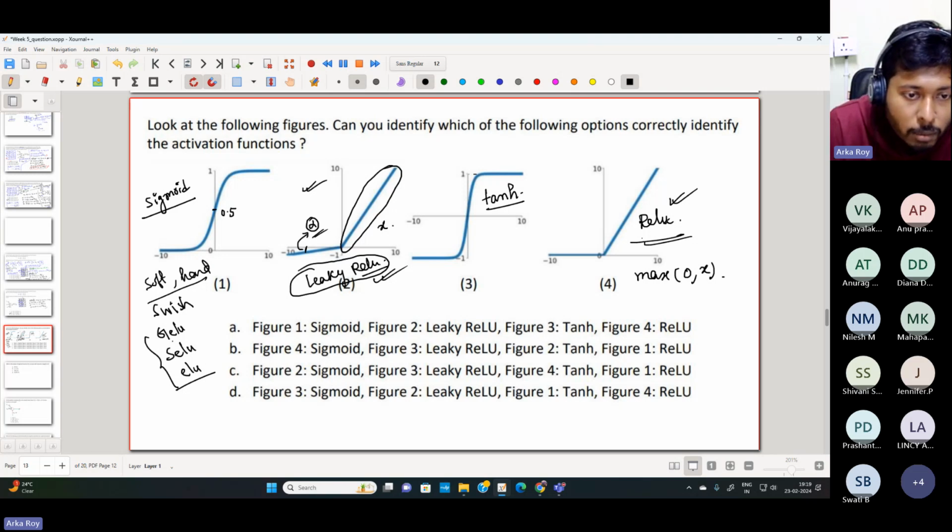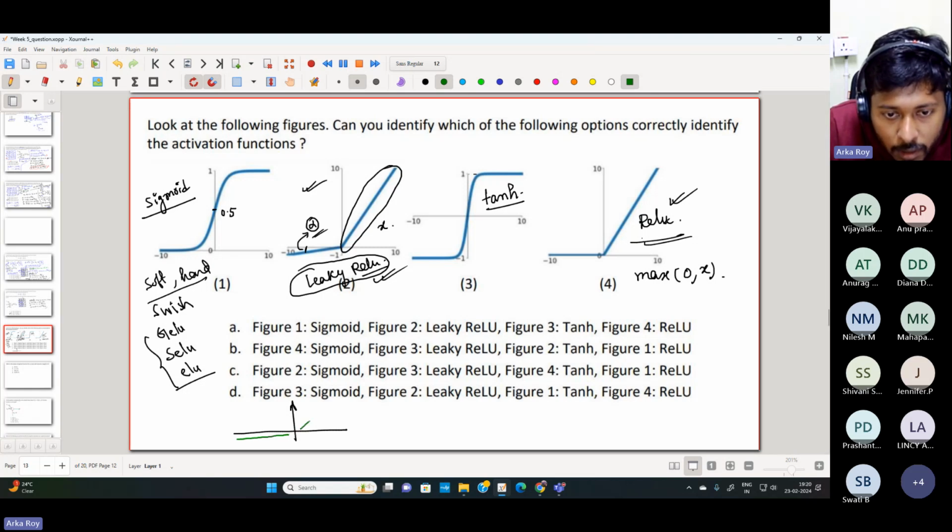For example, in the case of GeLU, the function looks like this. It has some sort of constant value in the negative half side, and in the positive half side, it has the same response as x. But over here, you can see that there is a sharp transition, and the value at the origin is 0. Over here also the value at the origin is 0. So they introduced some dip, and then it goes to x.